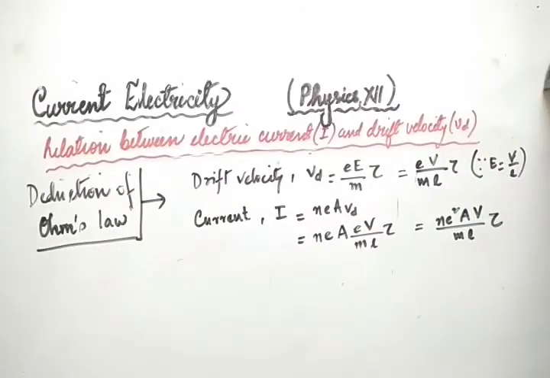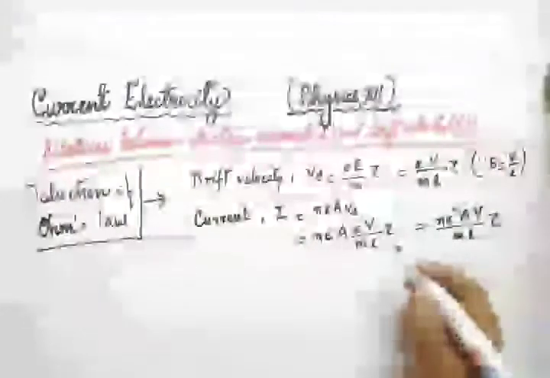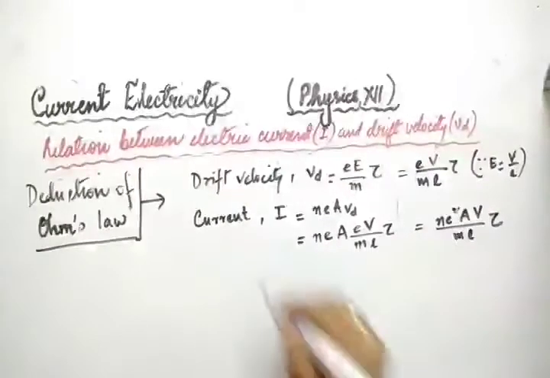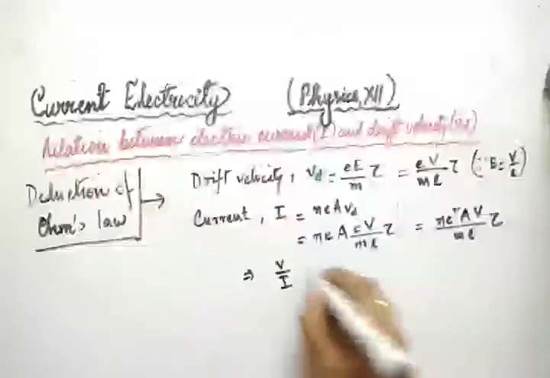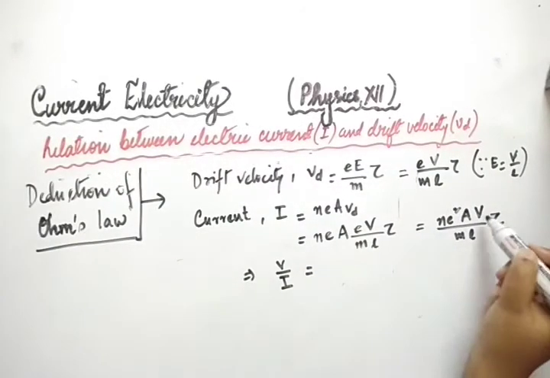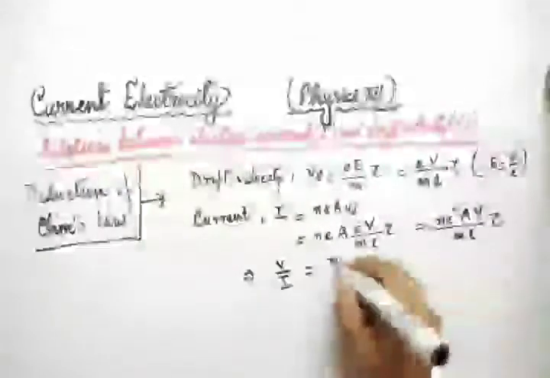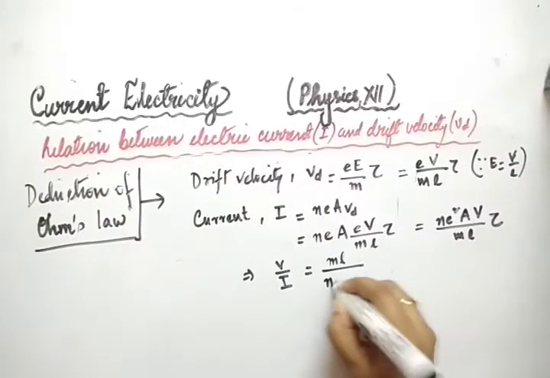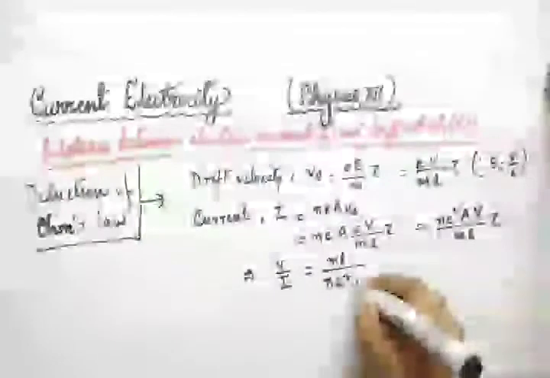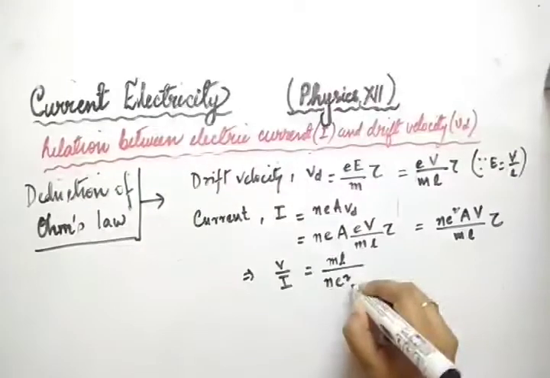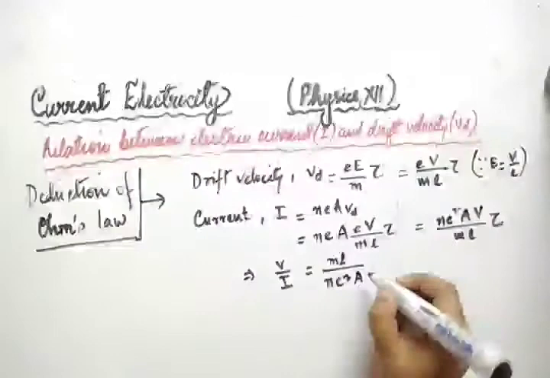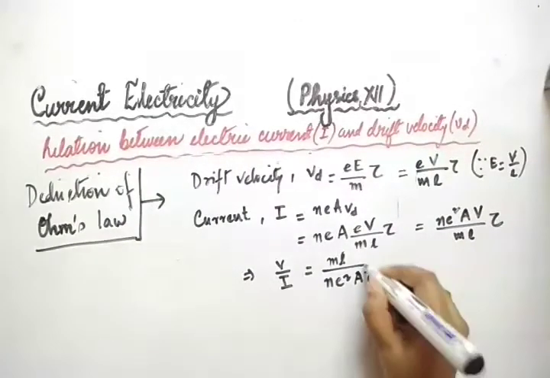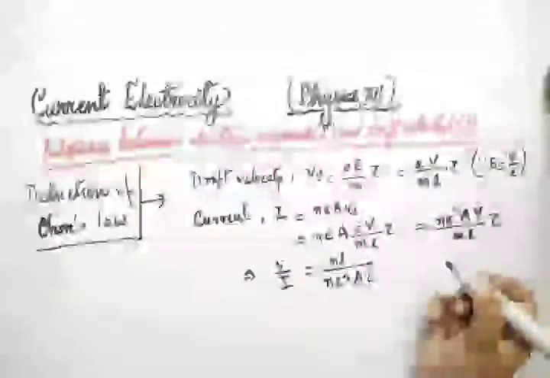Okay. So now you see here, there is a V here and there is I here. So let us write this as V by I. So now if you divide V by I and take it on one side, what you will get? m L by n e square A tau.